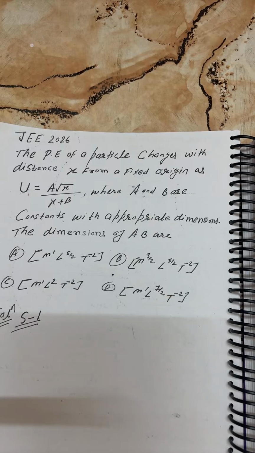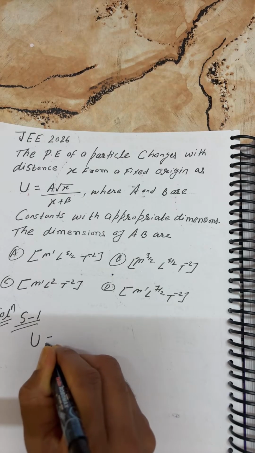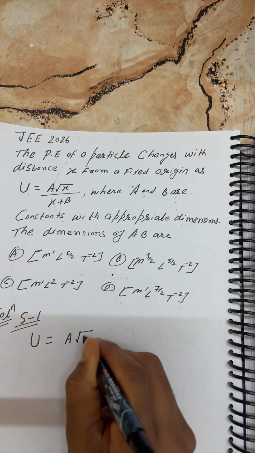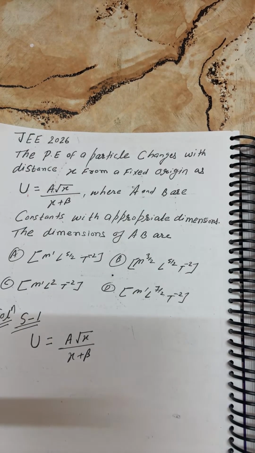Step one: we wish to find the dimensions of A and B. I said in the classroom today itself, if we have two different physical quantities in a summation, it implies both have the same unit. It's theory. So first I'm writing the expression of potential energy: U is equal to A root x upon x plus b.